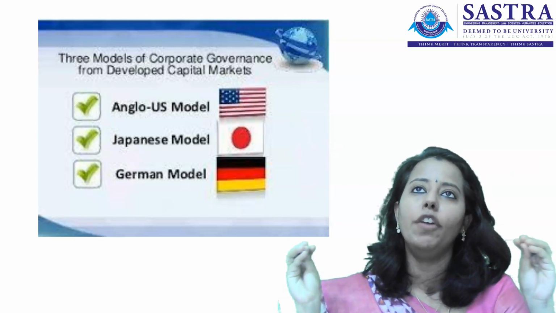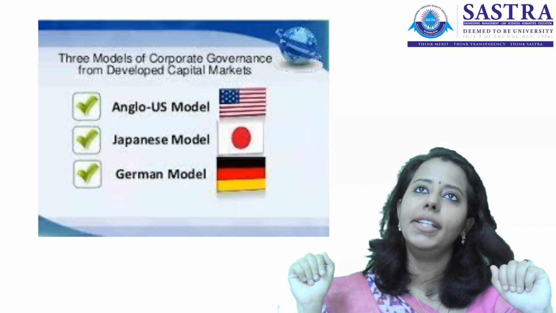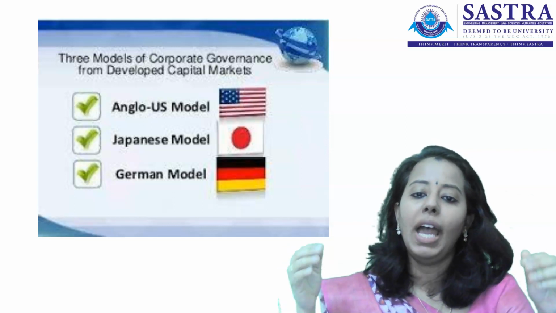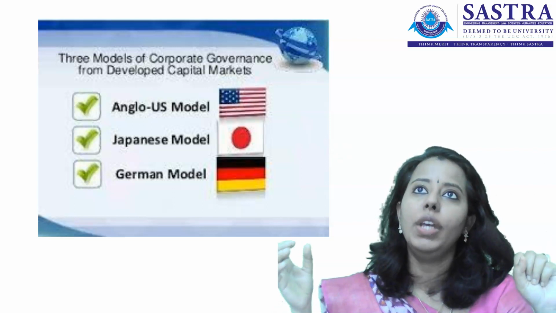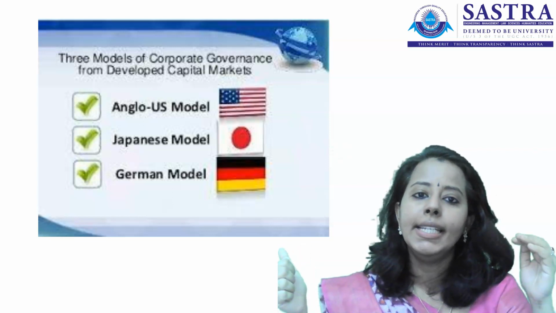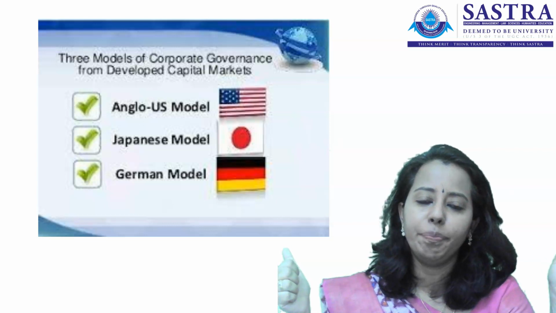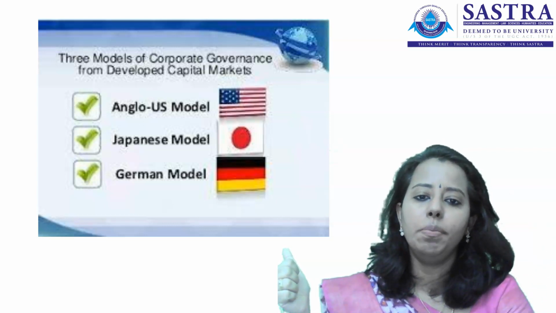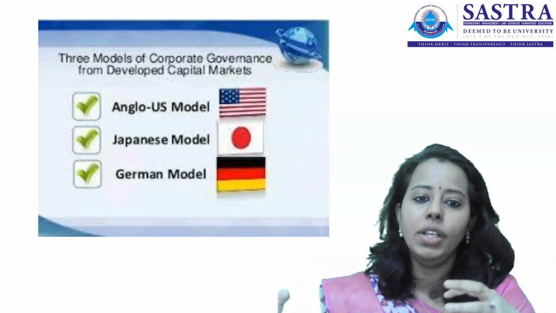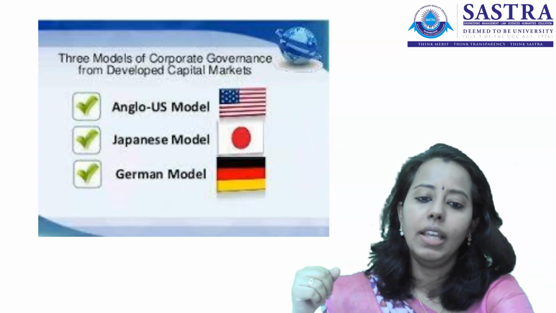So the comparison of systems in the United States, Germany and Japan reveals two different answers to the issues. One is direct disclosure of management actions and long-term development of relations between owners and other participants in the entity.